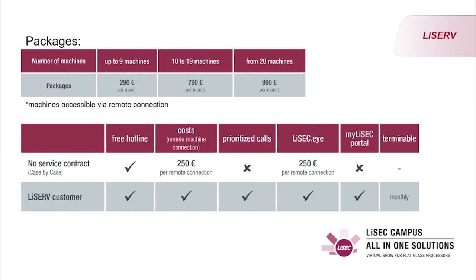Also, you do not have this VIP call line and also not the LiSEC portal. But with the LiSERV, everything is included to it. As you could see, it's also pretty much self-explaining like the LiSEC I app itself. But please, if you have further questions, don't hesitate to ask them.